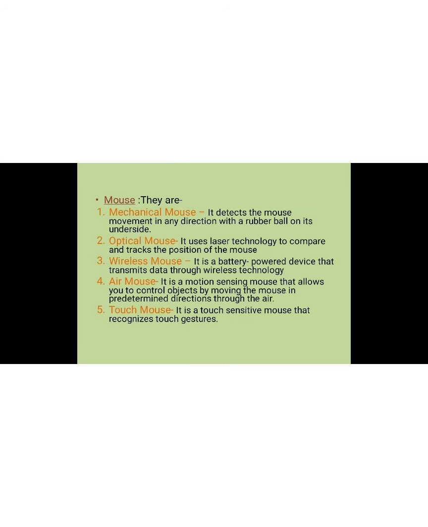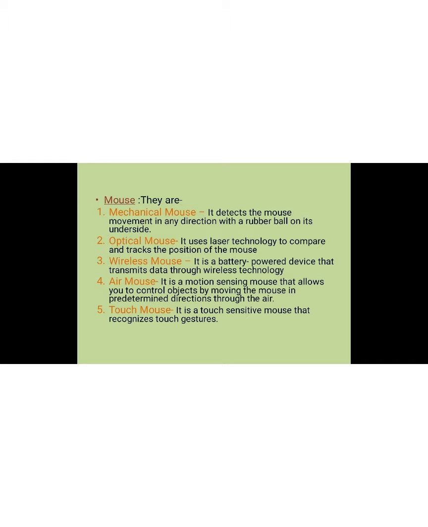Next term, mouse. We have 5 types of mouse. First, mechanical mouse. It detects the mouse movement in any direction with a rubber ball on its underside. Second, optical mouse. It uses laser technology to compare and track the position of the mouse. Third, wireless mouse.